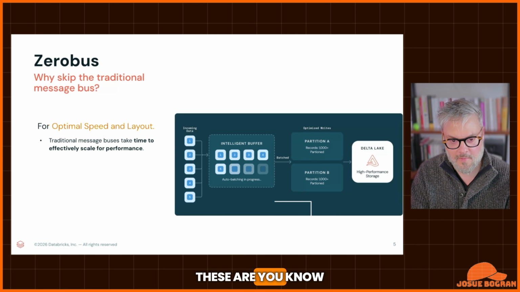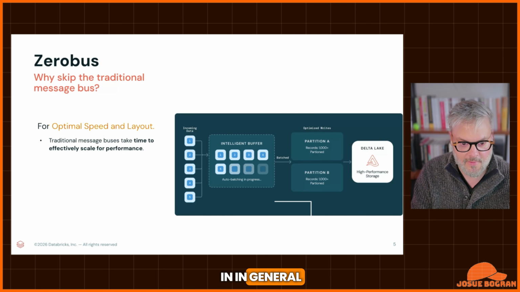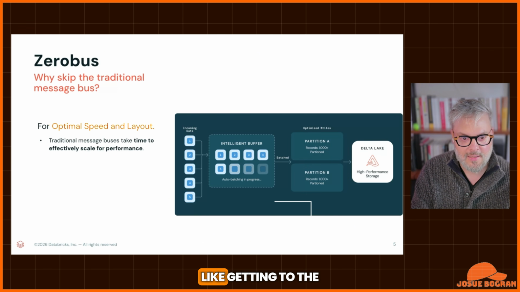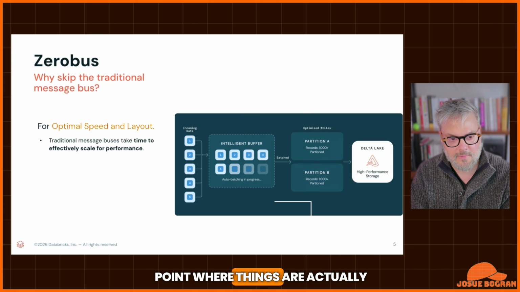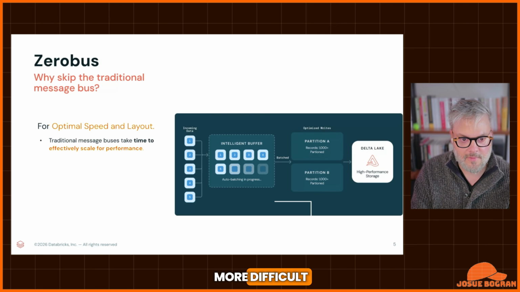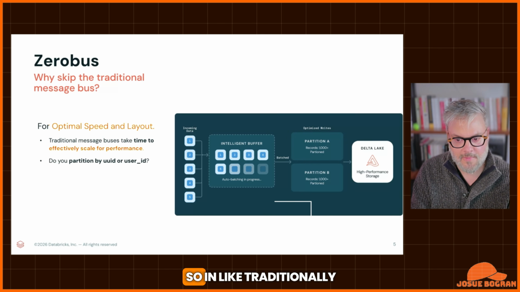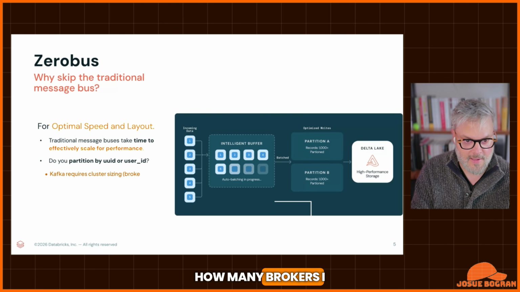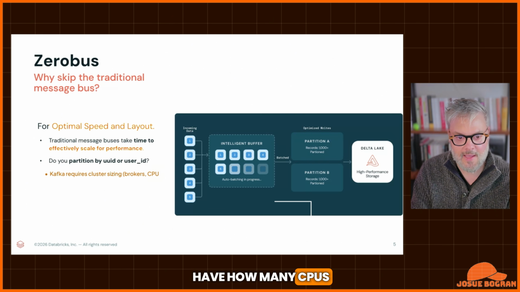These are big wins in general, but as we talked about before, getting to the point where things are actually scaling correctly or performant is a little bit more difficult if it's not managed for you in a serverless way. So traditionally in Kafka, I'd have to think about the sizing of the cluster, how many brokers, how many CPUs, how much memory.